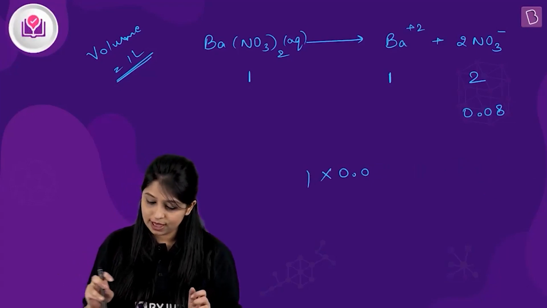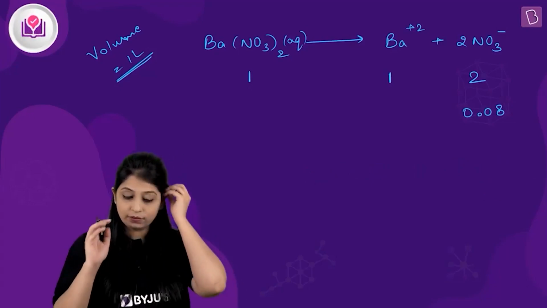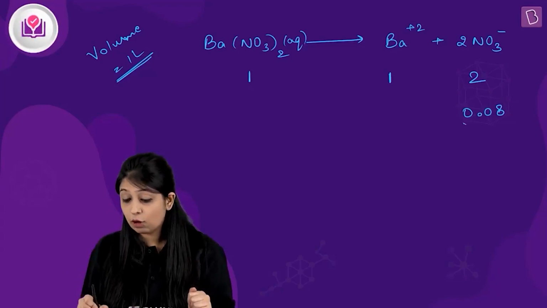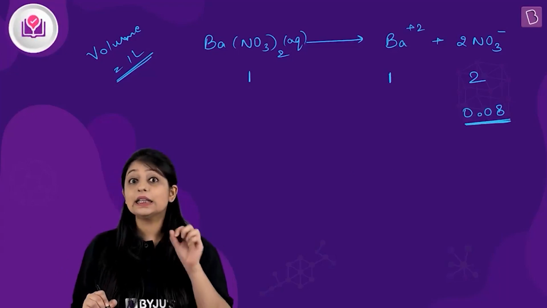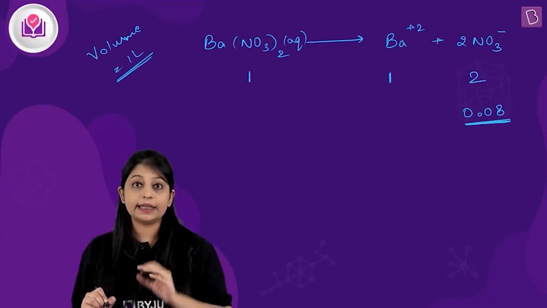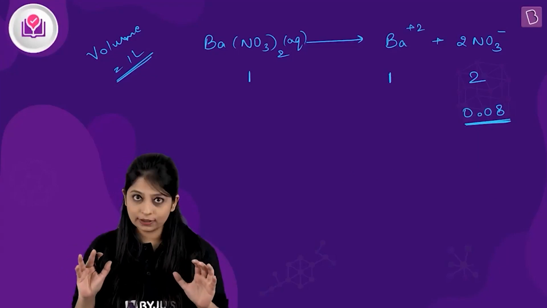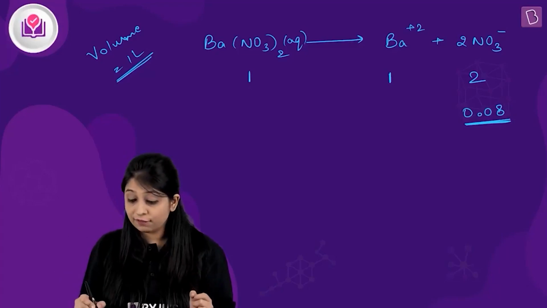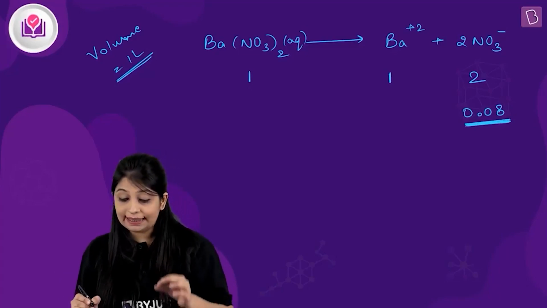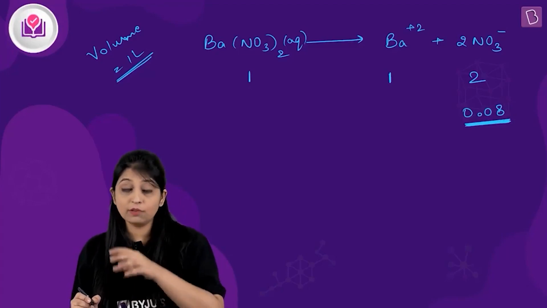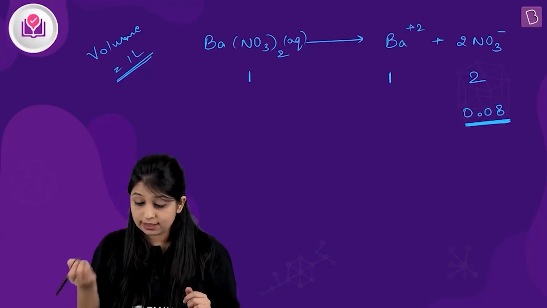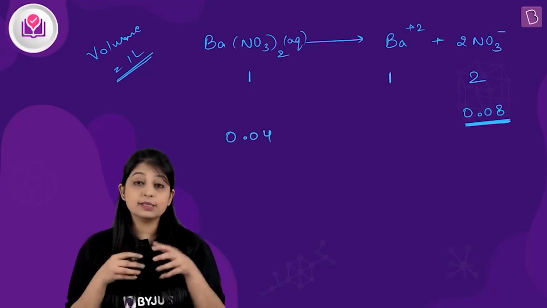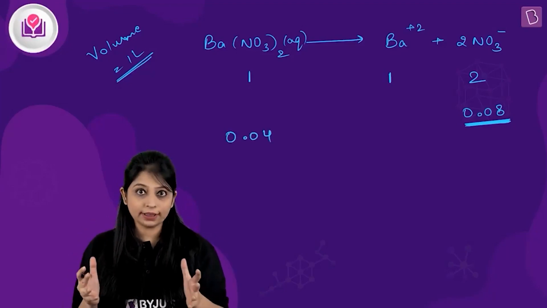Okay. So now what do we know? We have the volume of aqueous solution as 1 liter, right? And we have 0.08 moles of nitrate ions in that aqueous solution, right? Now what do we need to do? We'll backtrack. If we have 0.08 moles of nitrate ions, that means that initially we would have 0.04 moles of barium nitrate, right?